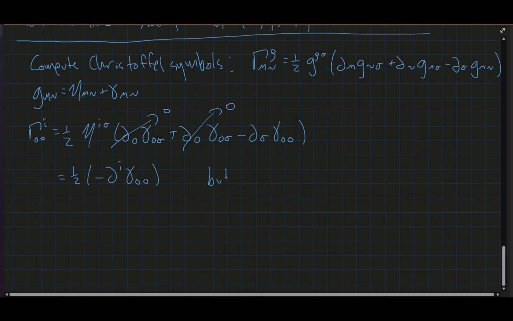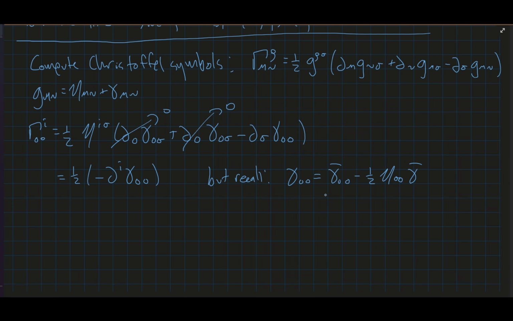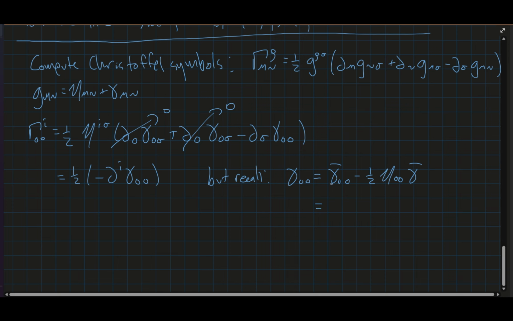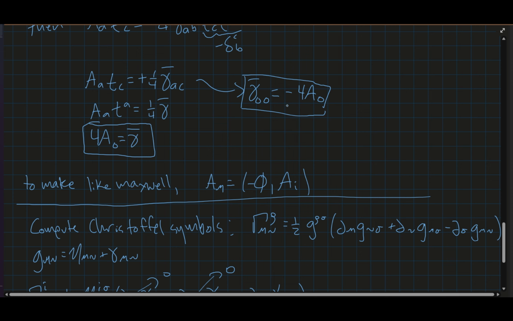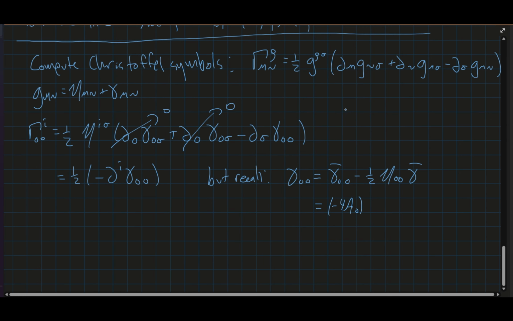But we can recall from earlier that gamma 0 0 is simply going to be gamma bar 0 0 minus 1/2 eta 0 0 gamma bar. We know that eta 0 0 is simply minus 1. We also know that gamma bar 0 0 is going to be minus 4a naught. I think we wrote that down just up here. Yeah, gamma bar 0 0 is minus 4a naught.